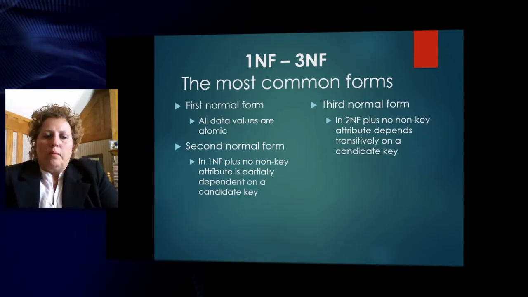Second normal form is first normal form plus no non-key attribute that is partially dependent on a candidate key. That's a whole lot of stuff to say that second normal form generally deals with columns of information rather than rows of information.